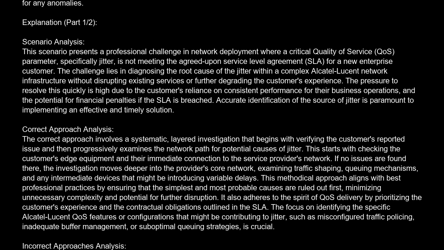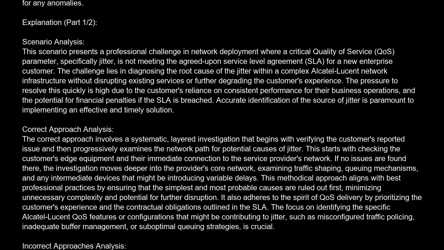This methodical approach aligns with best professional practices by ensuring that the simplest and most probable causes are ruled out first, minimizing unnecessary complexity and potential for further disruption. It also adheres to the spirit of CoS delivery by prioritizing the customer's experience and the contractual obligations outlined in the SLA. The focus on identifying the specific Alcatel Lucent CoS features or configurations that might be contributing to jitter, such as misconfigured traffic policing, inadequate buffer management, or suboptimal queuing strategies, is crucial.